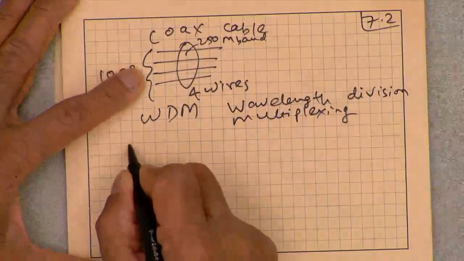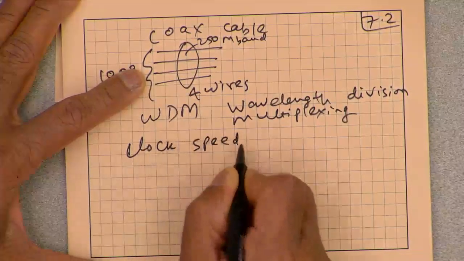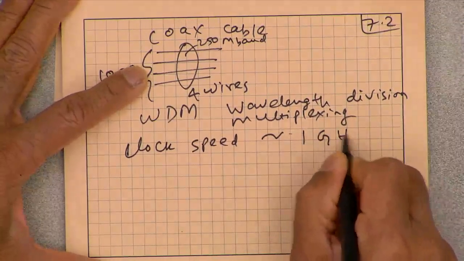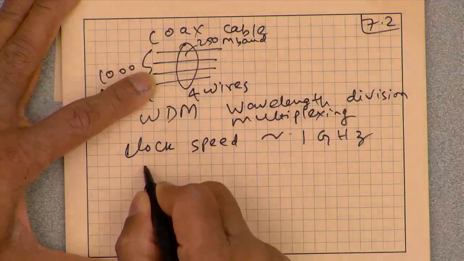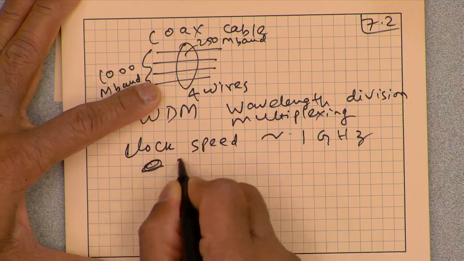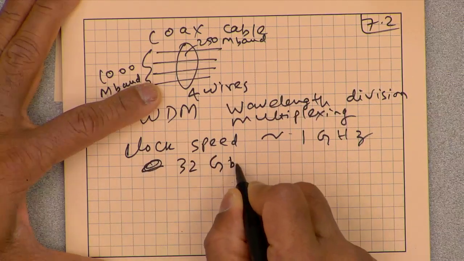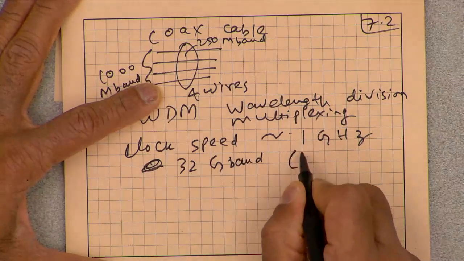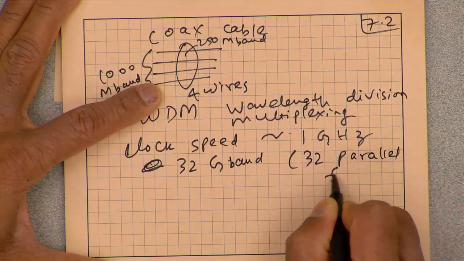If you think about a typical max clock speed today, it is about 1 gigahertz, let's say. And if I need to achieve 40, or say 32 gigabit per second, or giga samples per second, maybe gigabaud, then I need to have a 32 parallel filter.